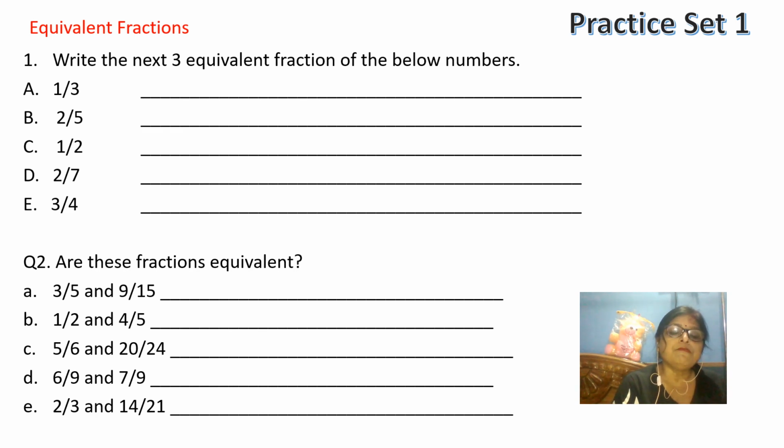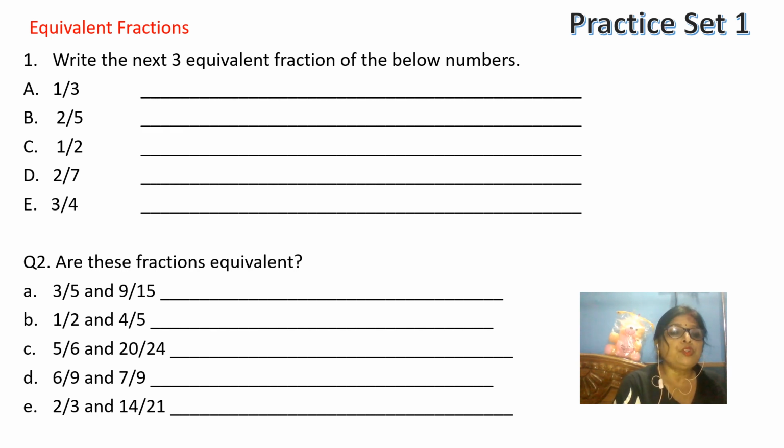The first question is 1 by 3. The method: you multiply 1 and 3 by the same number. In other words, you multiply the numerator and denominator with the same number and then you will get the equivalent fraction.